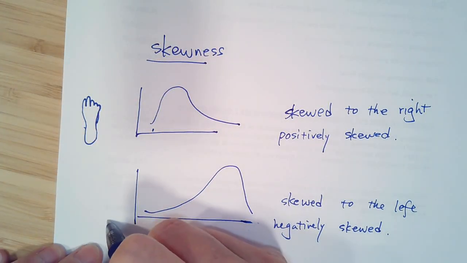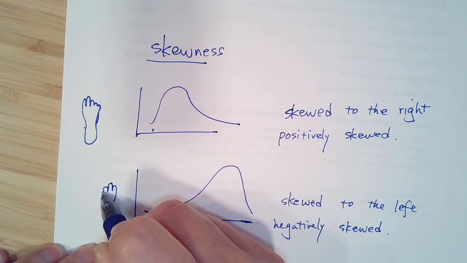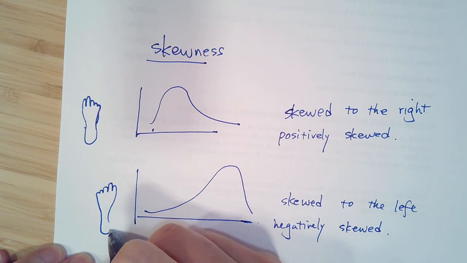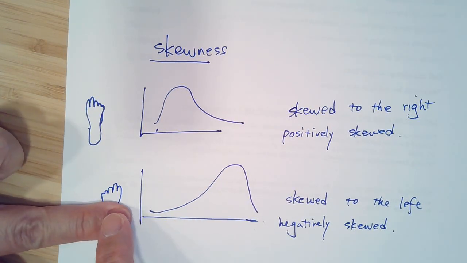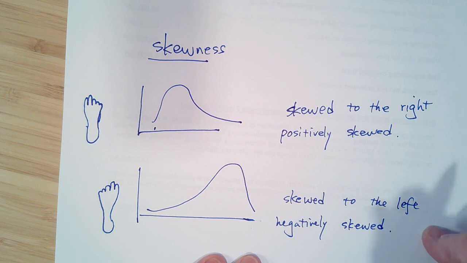And your left foot, the shape of the toe of your left foot is very similar to this. So this is called skewed to the left. So that's a right foot, left foot, an easy way to remember. All right, so I think that's all you need to know about how to describe a histogram or distribution.